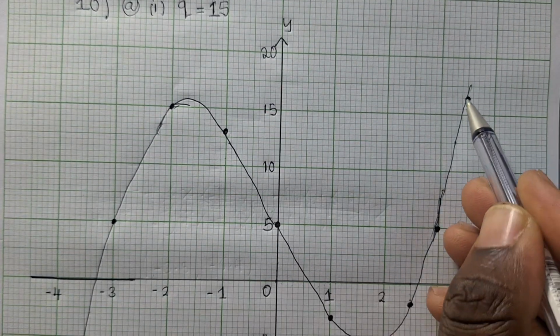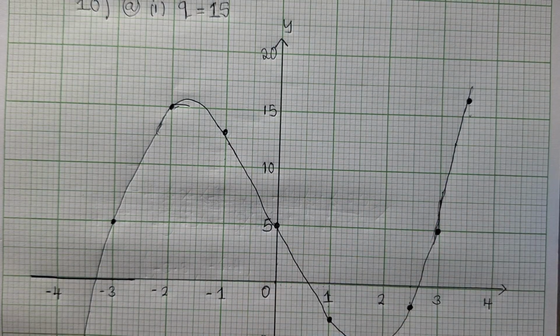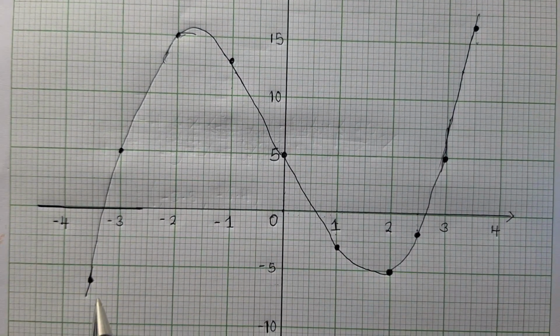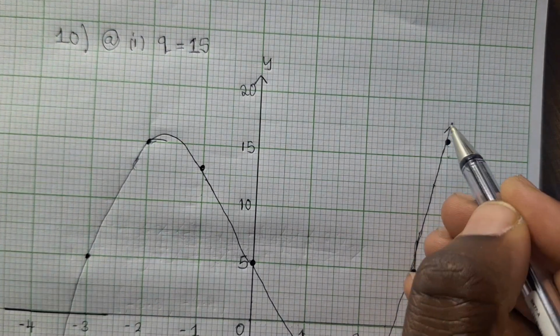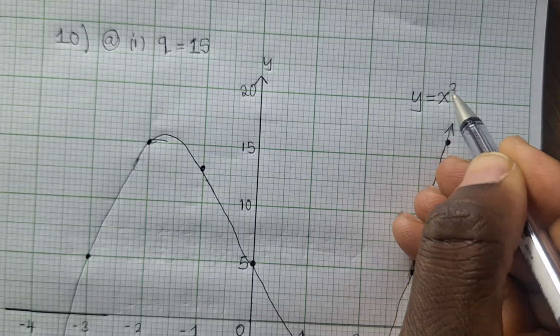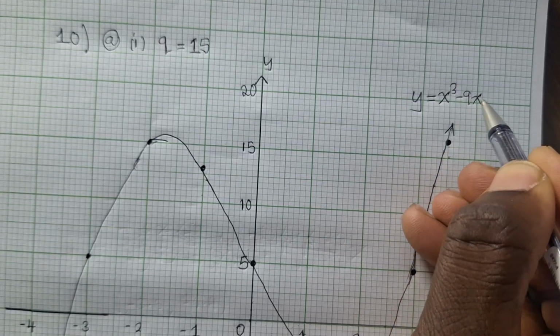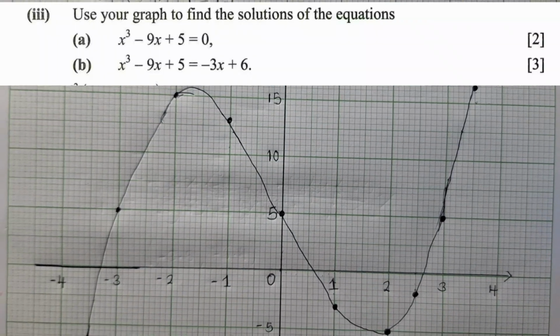So this is our graph. A graph must be nicely plotted. So this is my graph. Don't forget to indicate that this is y is equal to x power 3 minus 9x plus 4. You indicate that, okay?